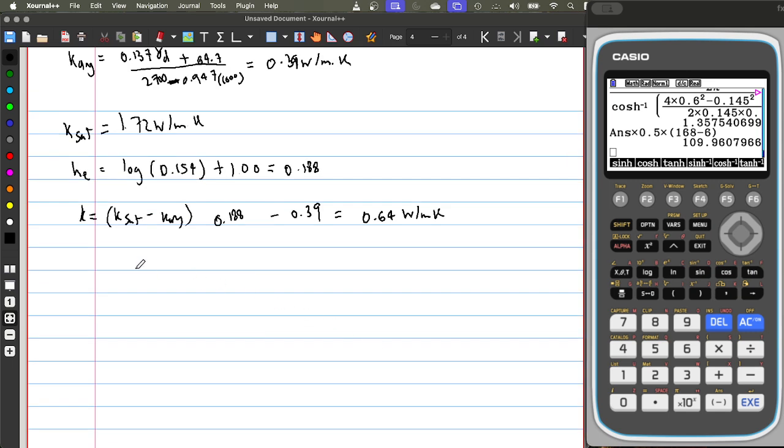So we now try to calculate the Q prime again. We had earlier 1.37 times 0.64 times the temperature difference from 168 minus 6.